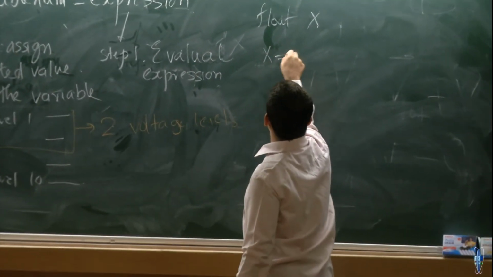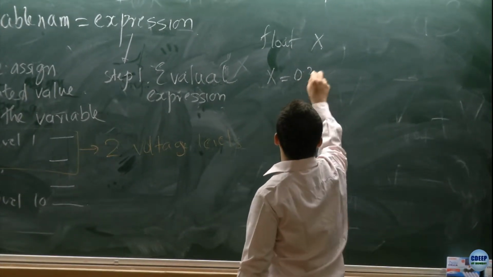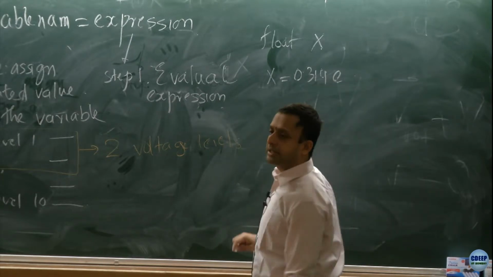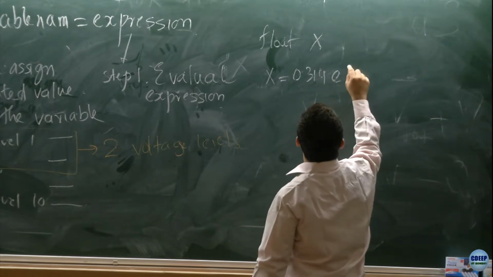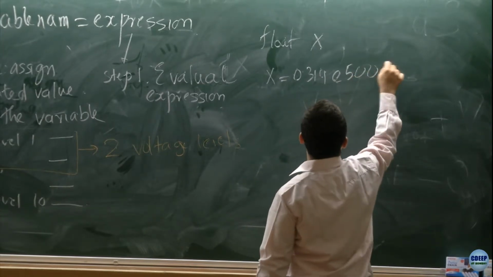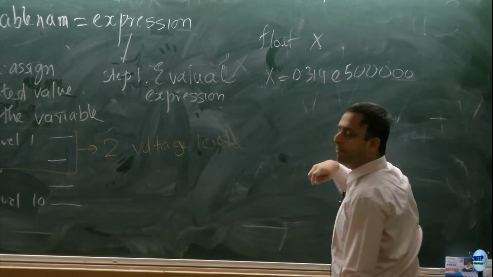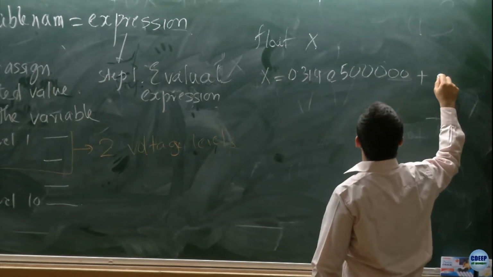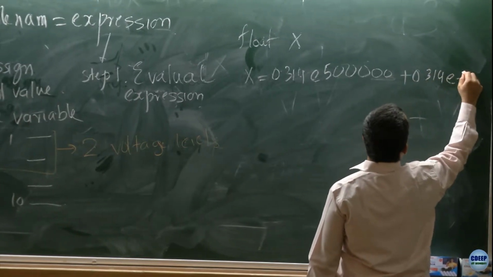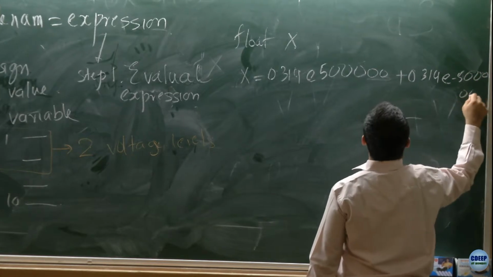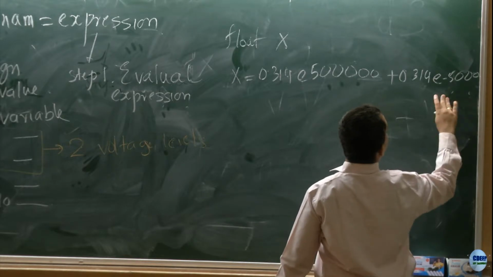Now x is set to 0.314 into 10 raised to 5000 or more, maybe, just let me put some more zeros, plus 0.314 into 10 raised to minus 50,000.